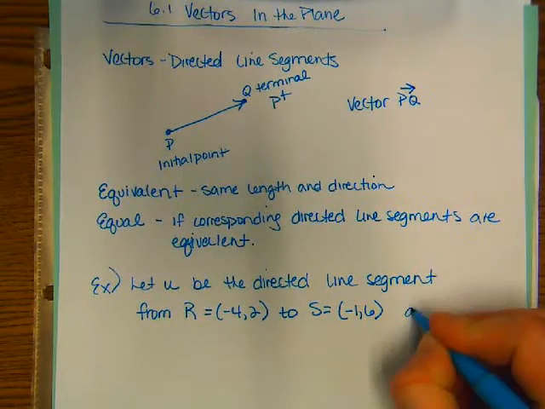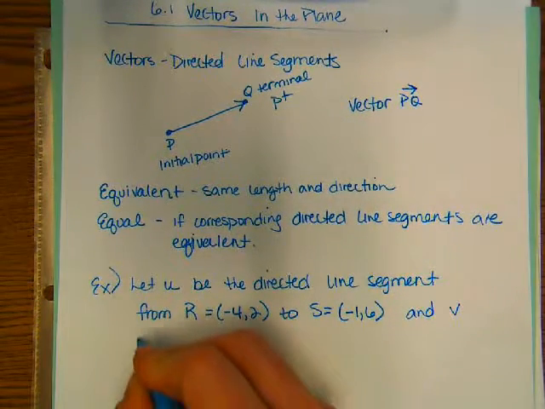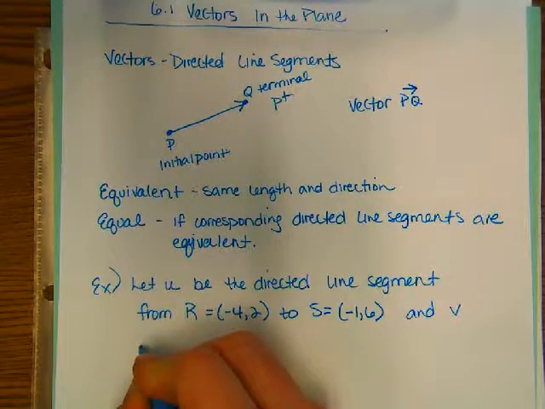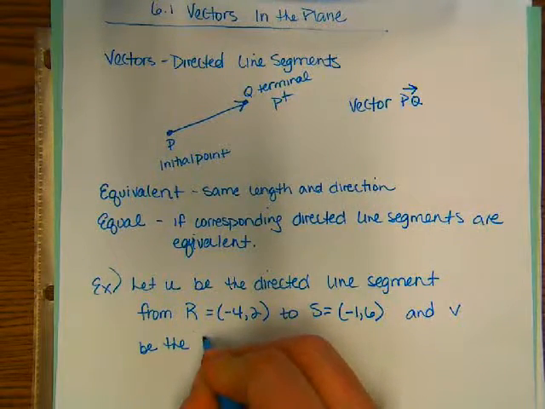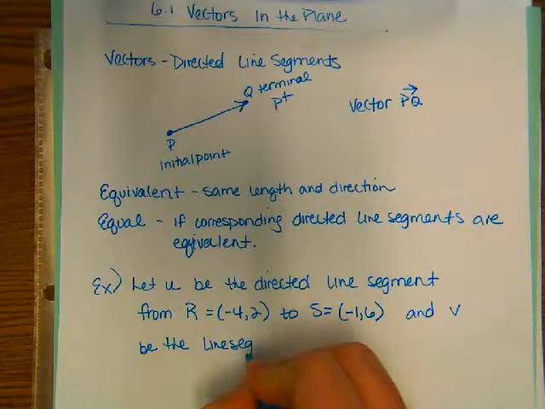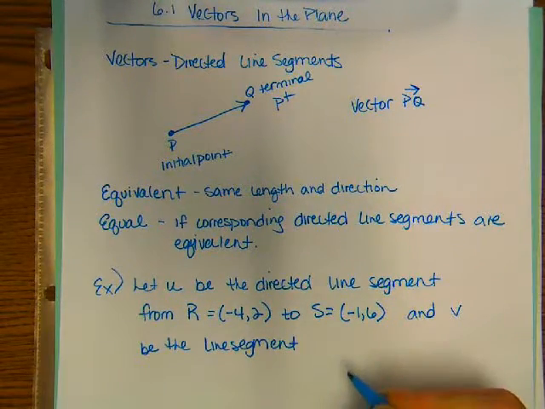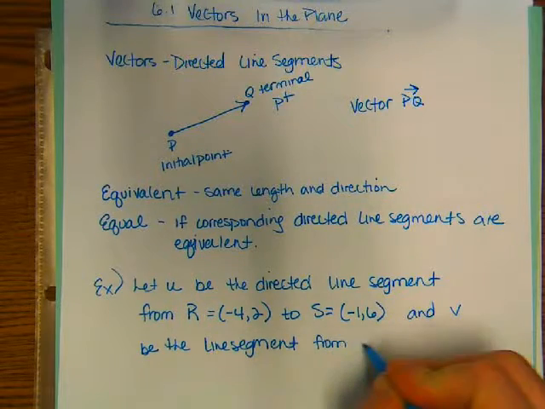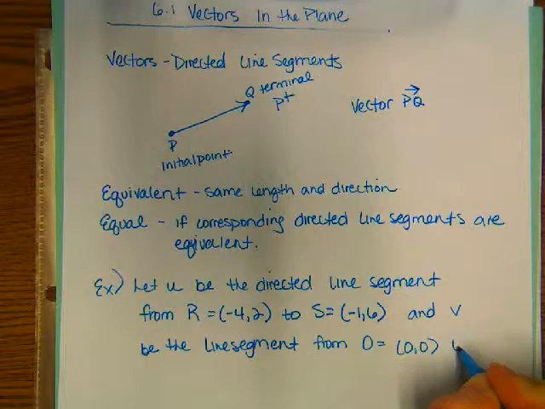And we're going to let V be the line segment from O, which is (0, 0), to P, which is (3, 4).